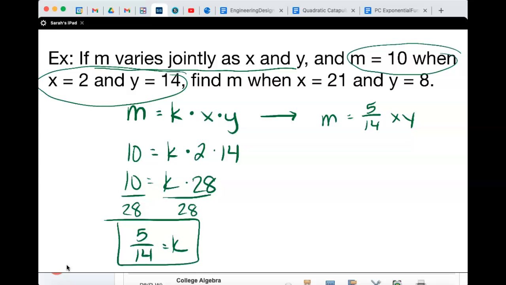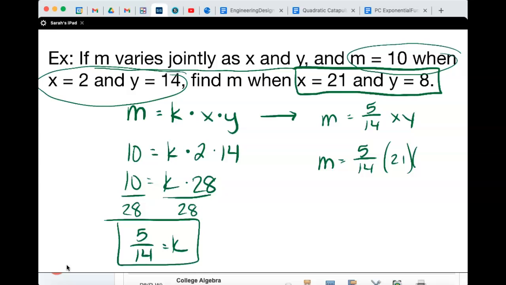So this equation is true for whatever information they give us, but now I can use it with these two numbers to actually find what m is. So now we're just substituting back in 5/14 times 21 times 8.